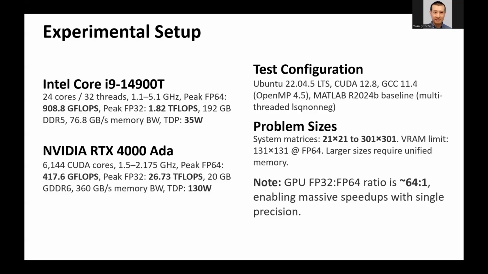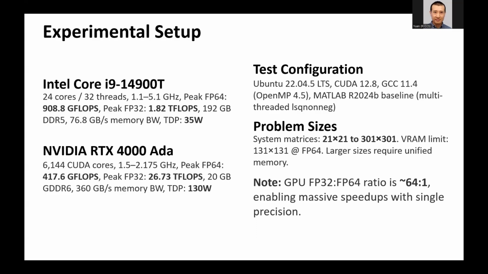And also for the GPU, the single precision floating point throughput is 64 times its double precision floating point throughput. So this is quite common in modern GPUs.